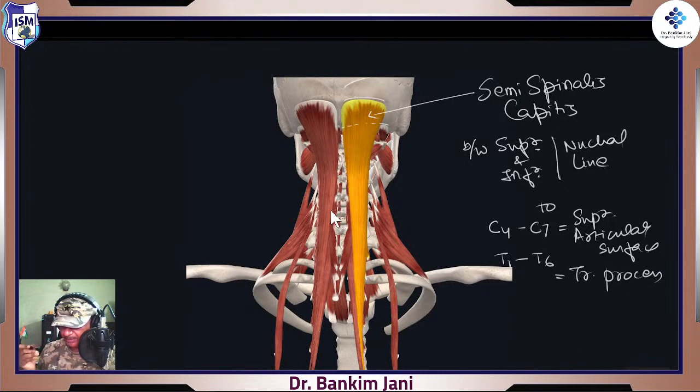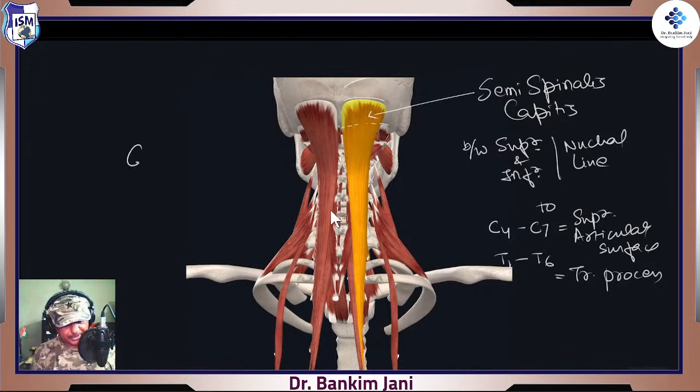But putting it in simple words, basically where is it going? It is just going on the spine, connected on the back side, right? So this means when the spine is stable and such a big muscle contracts, yes, it will lead to extension.